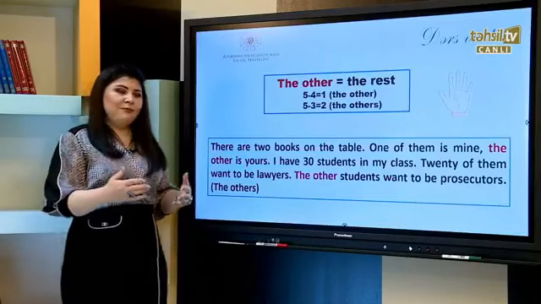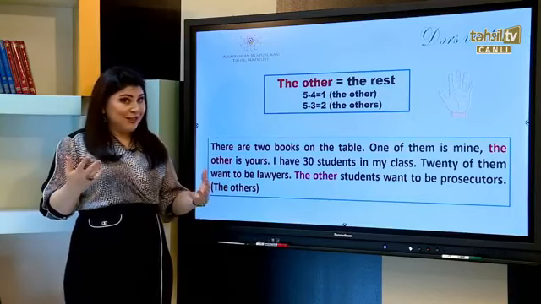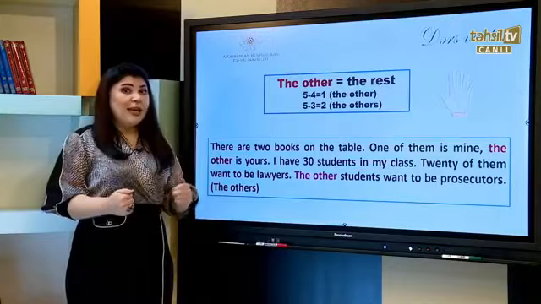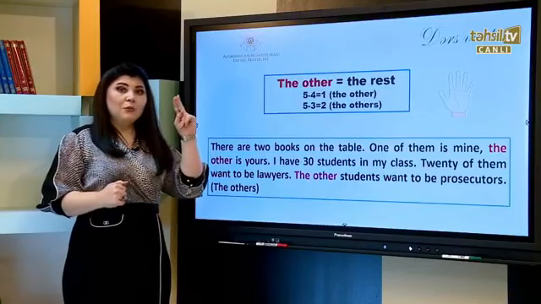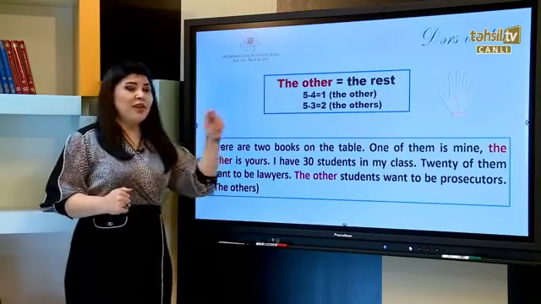Or the same example with my friends. I have 5 friends. 3 of them live in the United States of America. And here I'll say the others, okay? Because when we say 2 or more, we'll say the others.